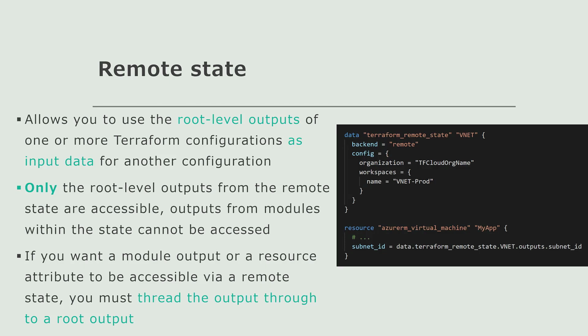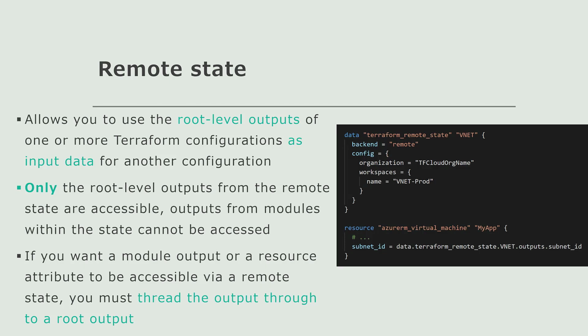Now, as the slide mentions, you need to ensure that the root level output from your templates are what's being exposed as the output for the state. And so what this gets into is if you watch my intermediate series presentation on Terraform, if you're working with modules, those modules can have output from whatever resources they're creating, but that output and those values are not surfaced at the topmost level unless you kind of traverse or bubble those back up to the very top.